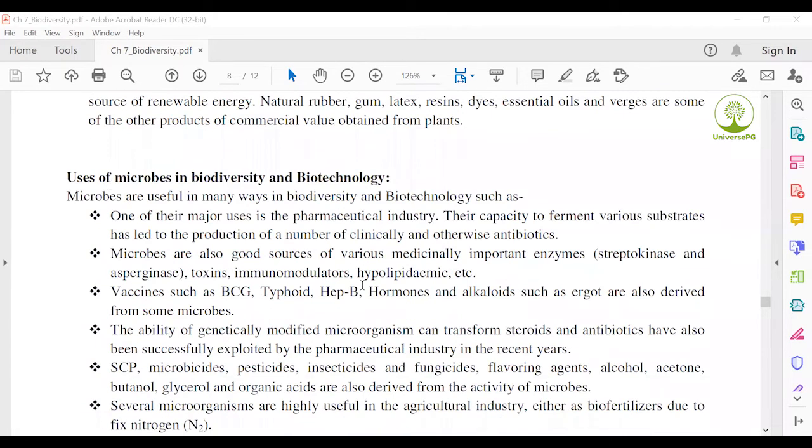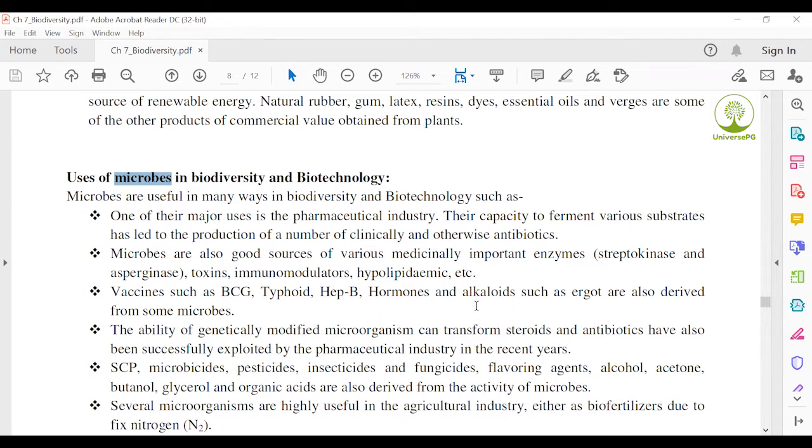Next, the use of microorganisms in biodiversity and biotechnology. How microorganisms are used in biodiversity and biotechnology for the beneficial purposes of the living system. You know, all types of antibiotics are produced from microorganisms such as bacteria and fungus, and different types of vaccine, BCG, typhoid, HEPB, hepatitis B, different types of hormones and alkaloids.